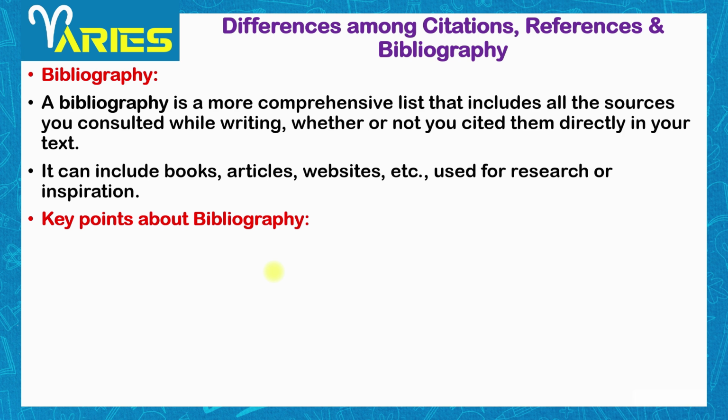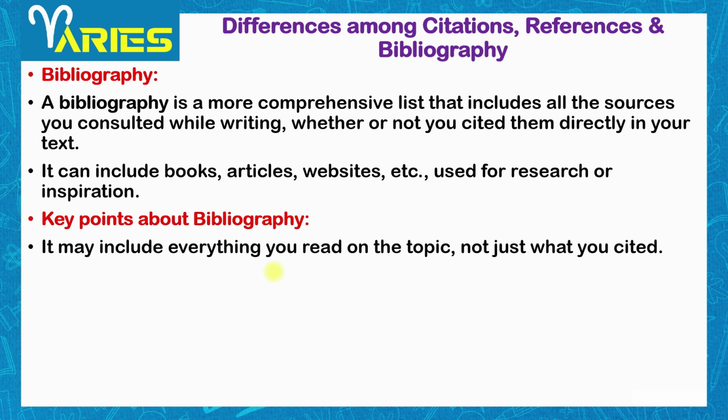Now, key points about the bibliography. It may include everything you read on a topic, not just what you have cited. So everything from where you have gathered information, everything from where you have gained an idea, will appear in the bibliography. It will not include only those things that you have cited. The things that you have cited will appear in the reference list, but the bibliography would include all, whether they are cited or not.